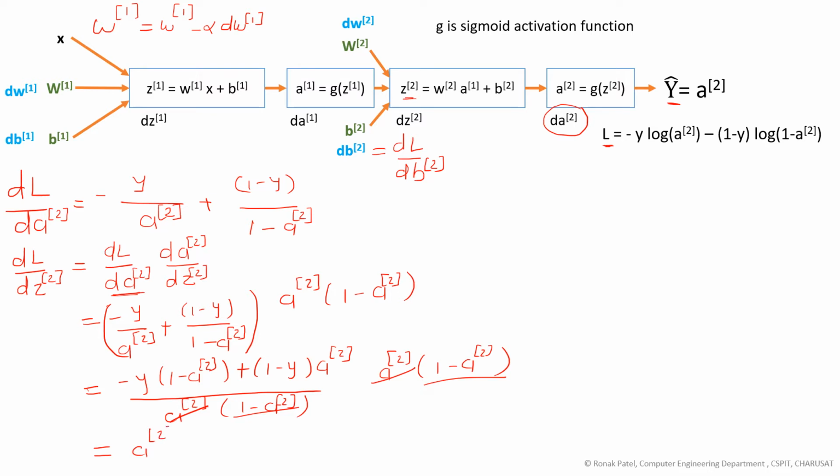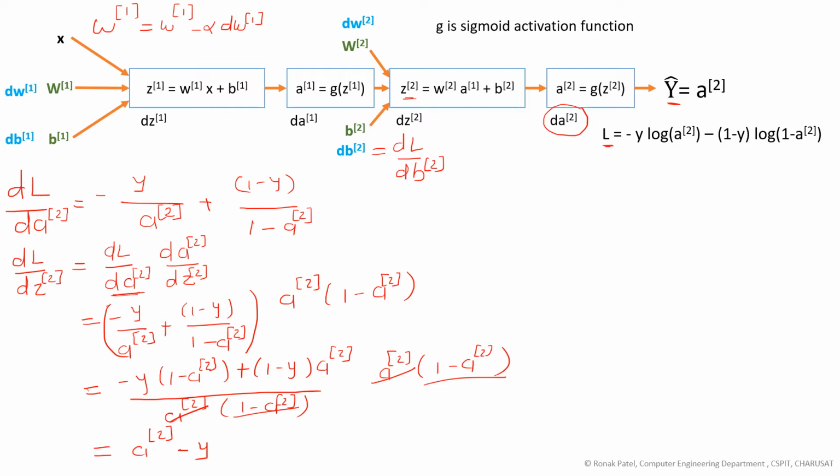You will get a2 minus y. Y is your original value. So in this loss, y is the original and this a2 is the prediction, right? So a2 minus y.